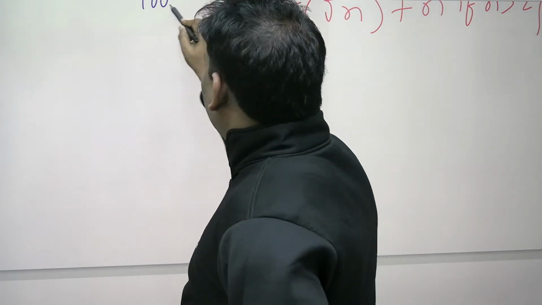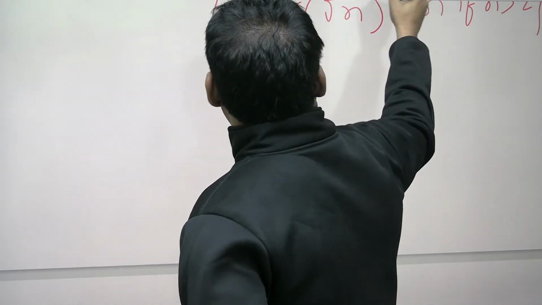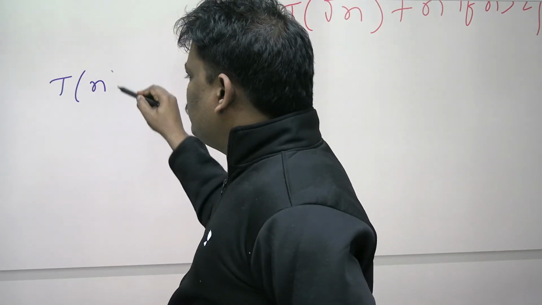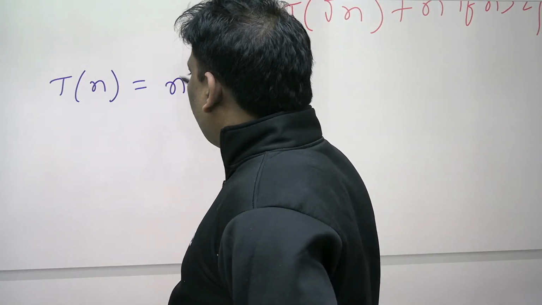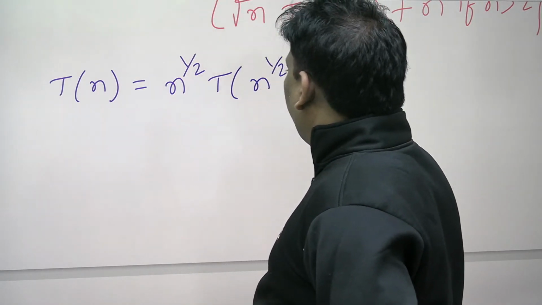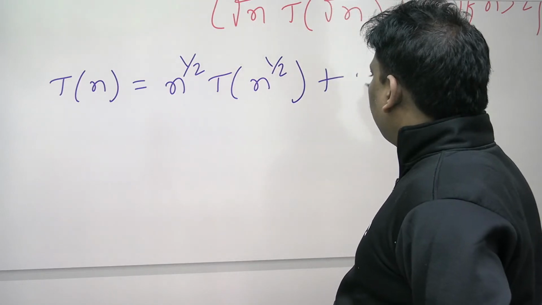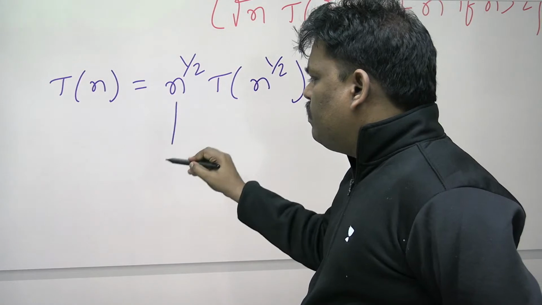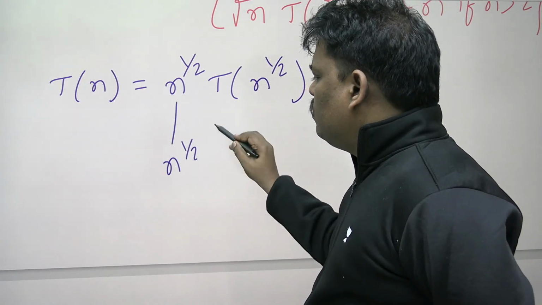First understand. So I did that. Now let's go to the answers. Tn is equal to n power 1 by 2, T n power 1 by 2, plus n. Next one, n power 1 by 2 as it is, no change.